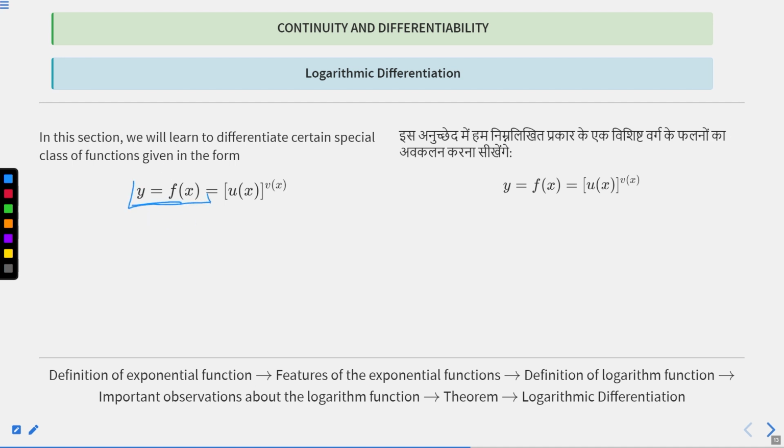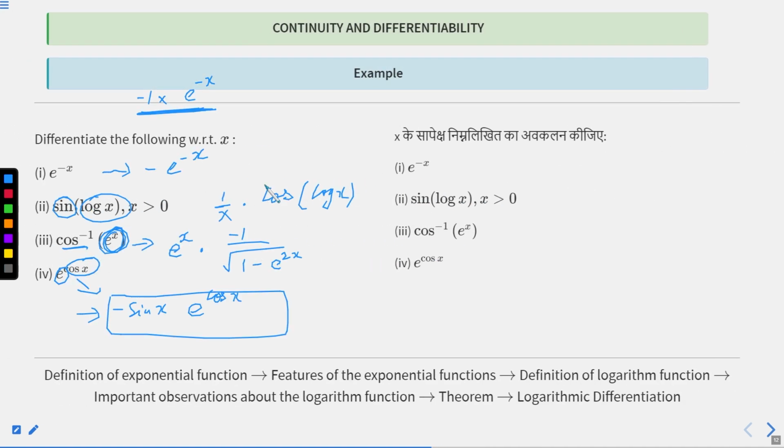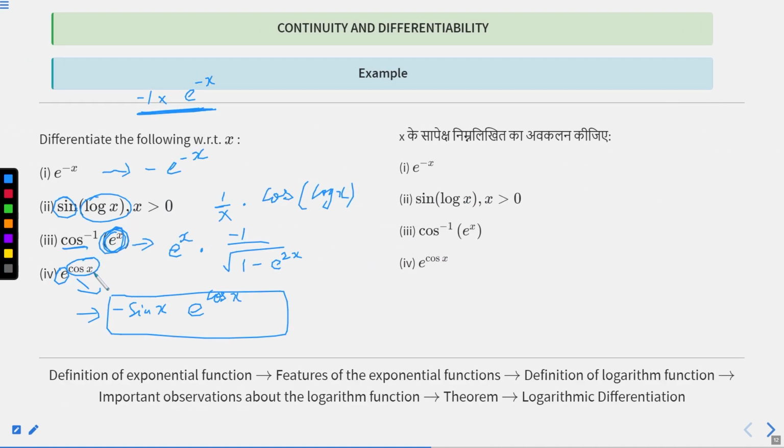If y is written in explicit form, y is equal to f of x, and this f of x is further written in some form, as you can see, this is a function of x, an expression in terms of x. Here the power is also some expression of x.